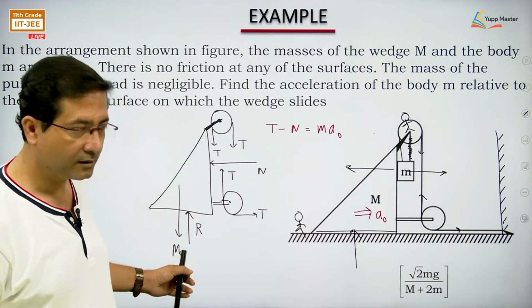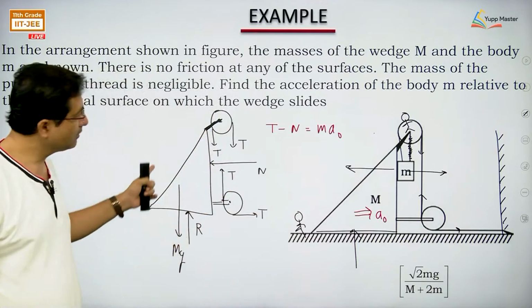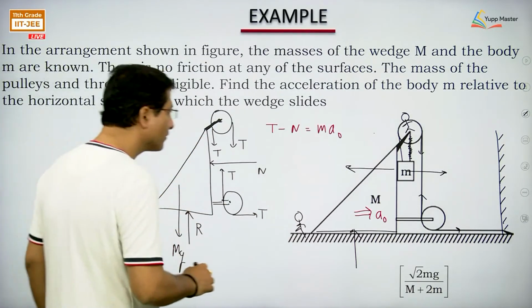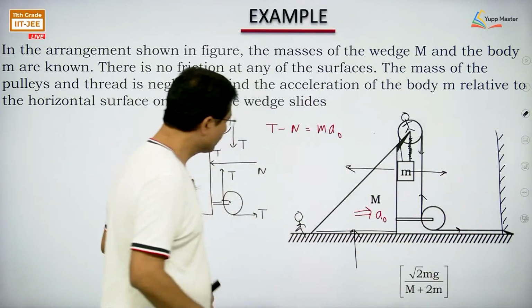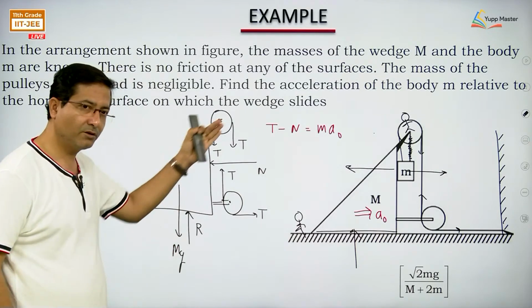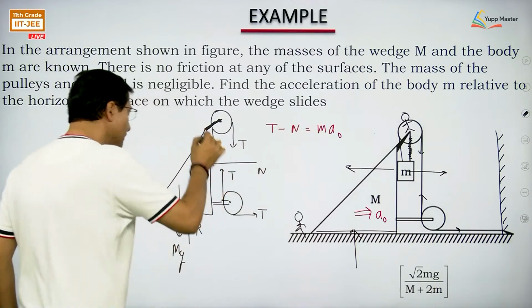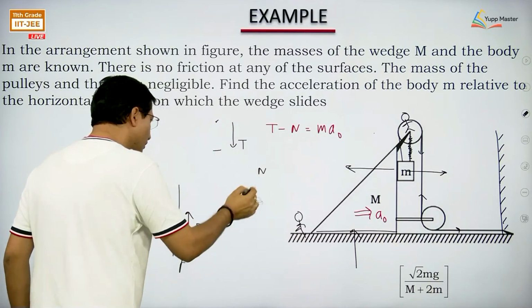Wedge over. Now comes the block. So I will remove this free body diagram. For the wedge, we already wrote the equation, standing on the ground, we wrote this one. I will remove this wedge. Now let's observe the block.